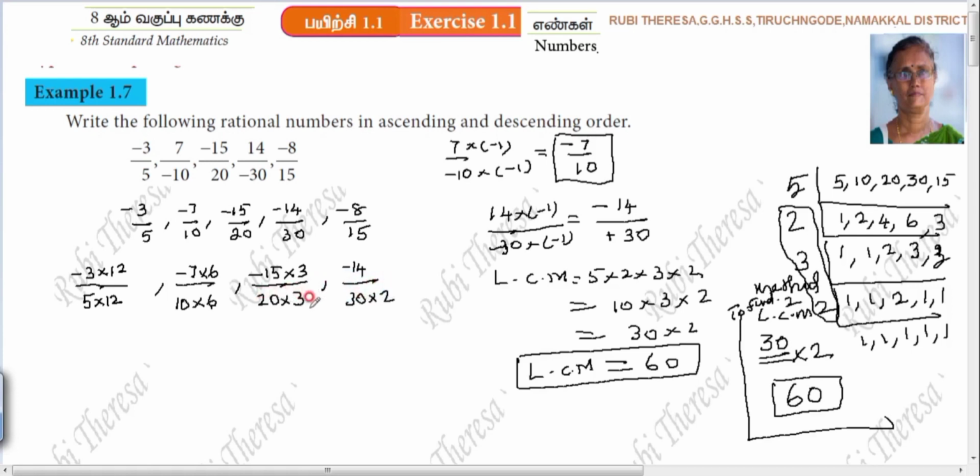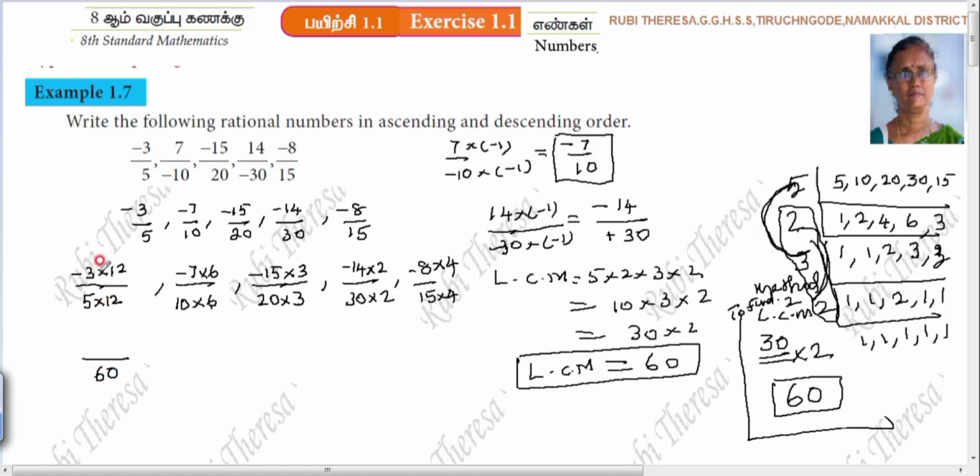Then the numerator is also multiplied by 2. Next one. Minus 8 by 15. 5 3s are 15. Then 2 2s are 4. So 15 into 4. Then here also 4. So here the denominator you know very well: 60.